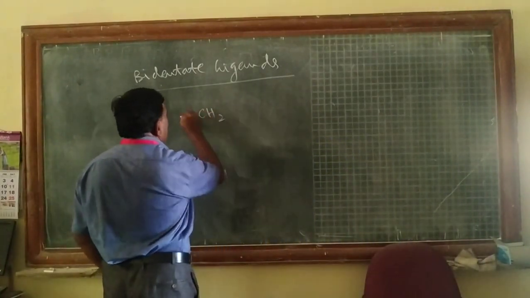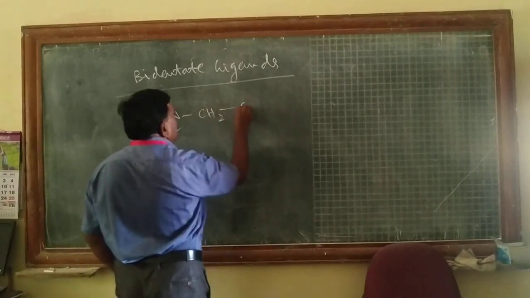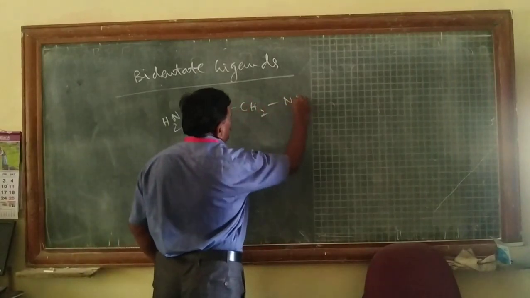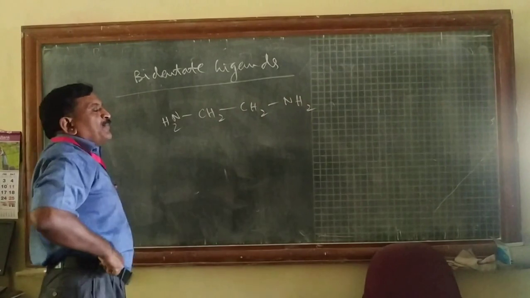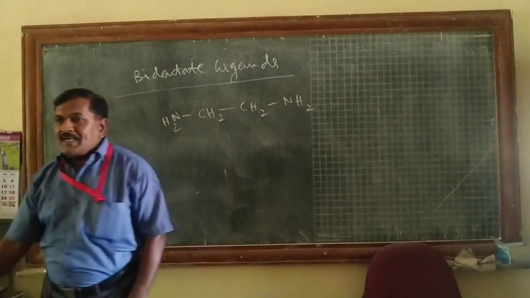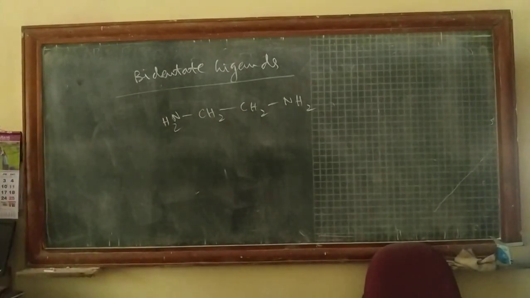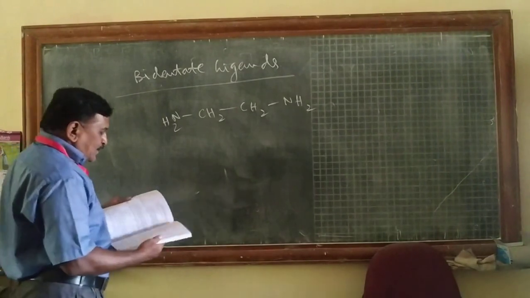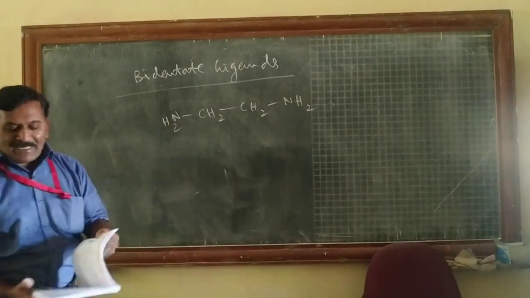For example, CH2NH2 single bond CH2NH2 is an example of a bidentate ligand. This ligand contains two basic amino groups, hence it is called a bidentate ligand.